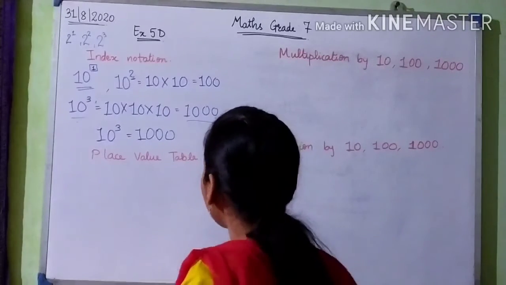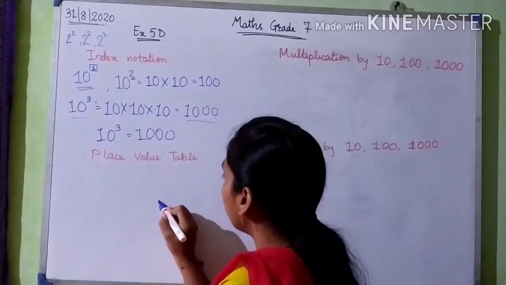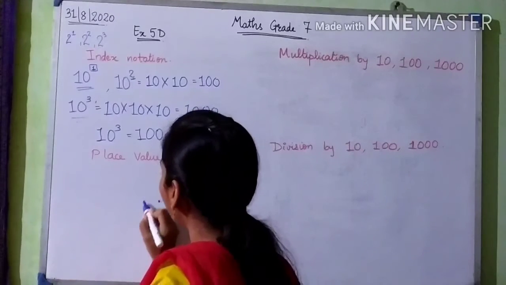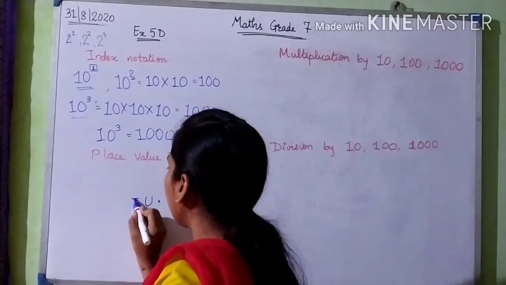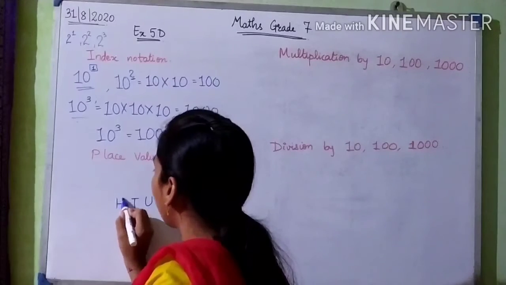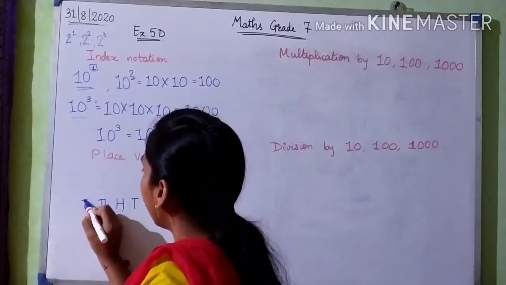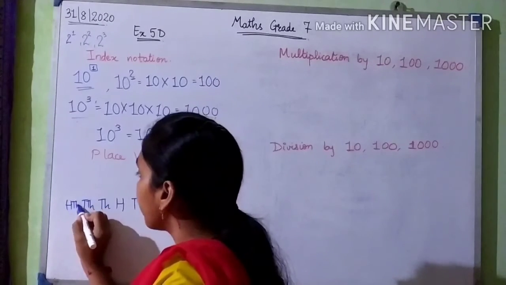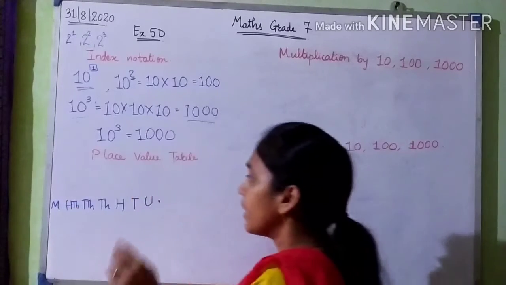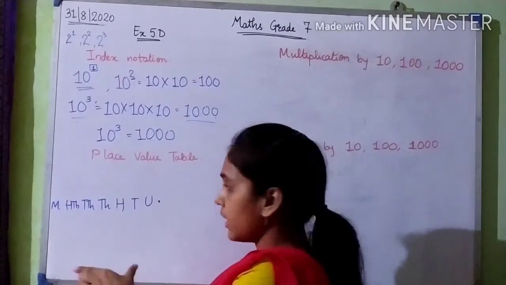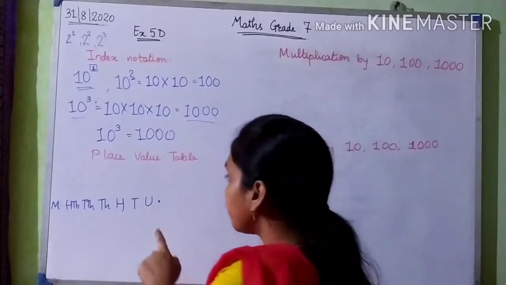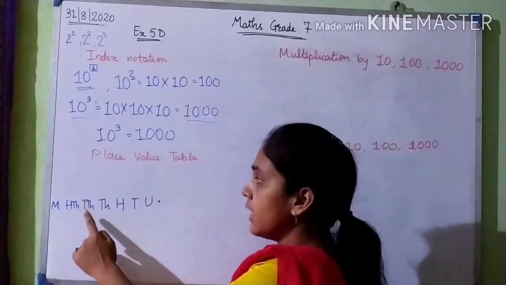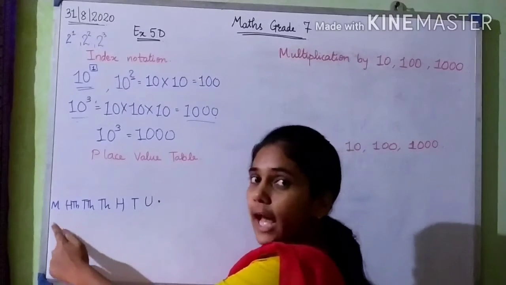When we start from the decimal point and go towards the left, the first digit is called the units place, then the tens place, then hundreds, then thousands, then 10,000s, then 100,000s, and then million. We are going to see only up to million.